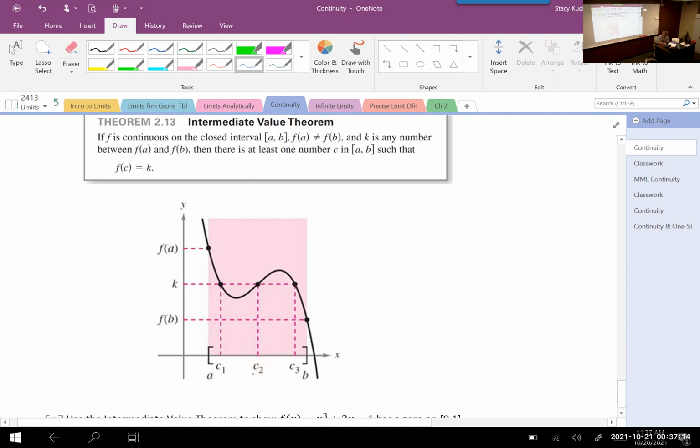One of the things that the intermediate value theorem tells us is we are basically guaranteed a root. If we're looking at this closed interval, we're going to have some function value which falls on that function. And we use it to find roots. Let me show you how that looks.